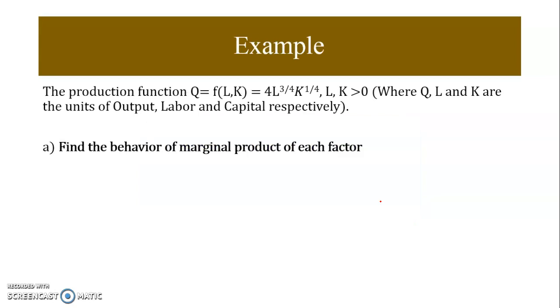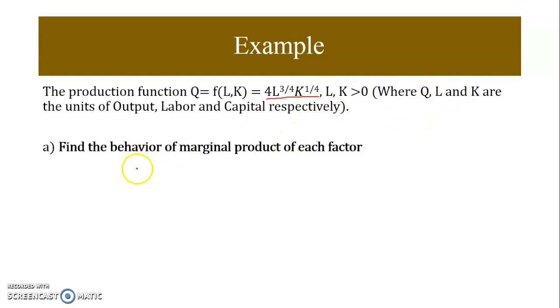Now we'll understand one question. Suppose the production function is given as 4 into L raised to the power 3 by 4 and K raised to the power 1 by 4, where L and K are greater than 0, and these represent Q as the output, L as the labor, and K as the capital.